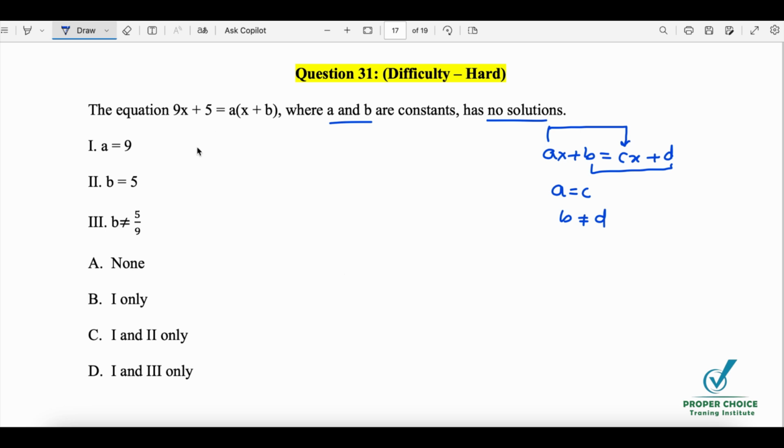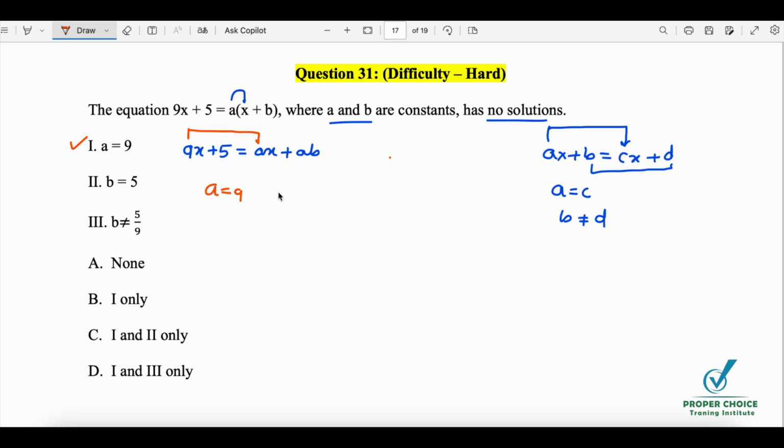So now simplify it. 9x plus 5 is equal to, after distributing with a, ax plus ab. Now to have no solution, the coefficient of x must be the same, so a is going to be 9 here, and for sure statement 1 is true.